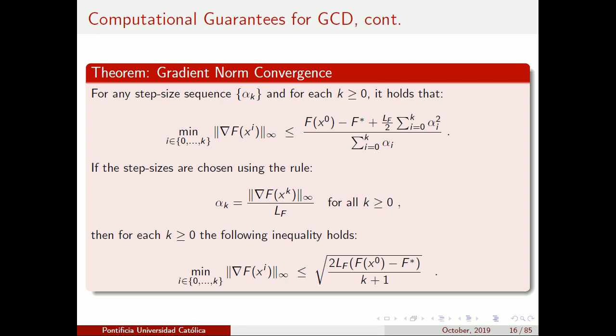I'm not going to bother with this up here, but again, if I set my step sizes this way, I can also show that during my algorithm at least one of my gradients is getting small. That is, the norm of the gradient of one of my iterates up to k is decreasing at the rate basically square root of k. That's another thing you can prove.